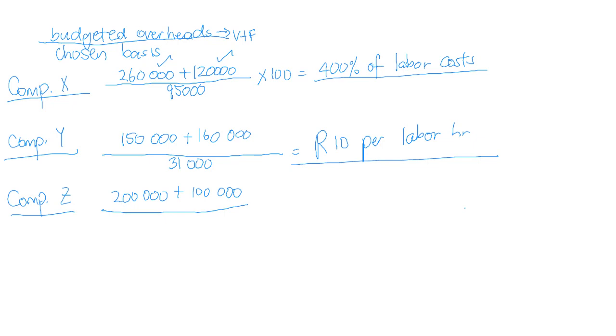The number of units produced for company Z is 150,000 units. So this is saying to you then that it is 2 rand per unit produced. Okay, you're fine with the basis for your allocation rates and how those are calculated? No questions? Okay, so that's question 1.